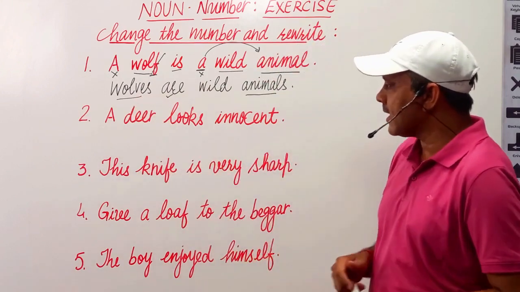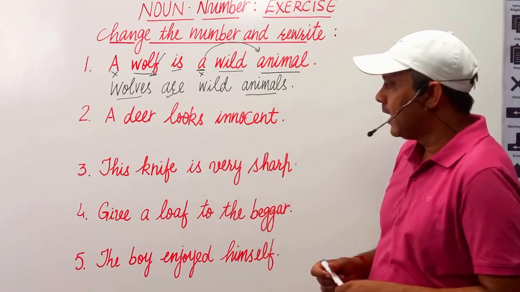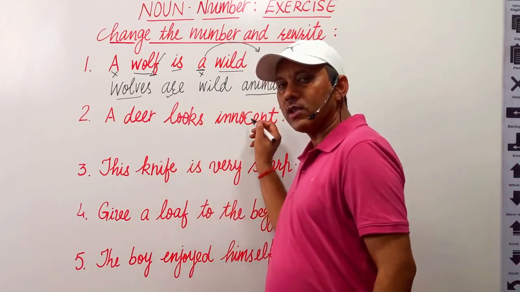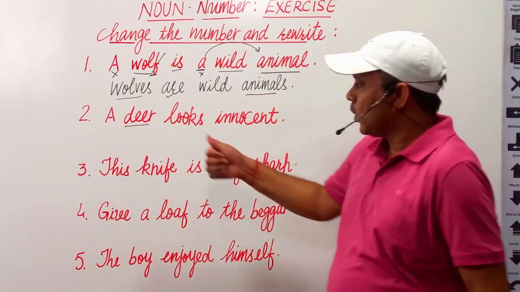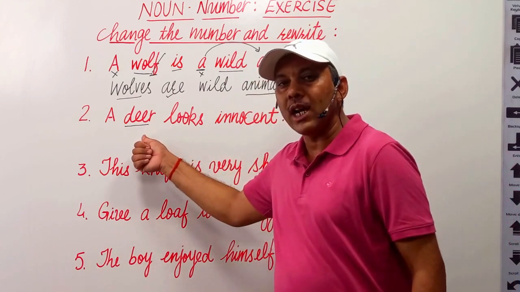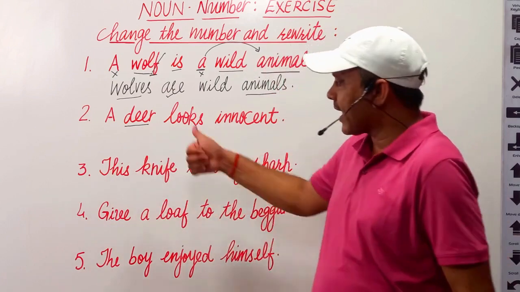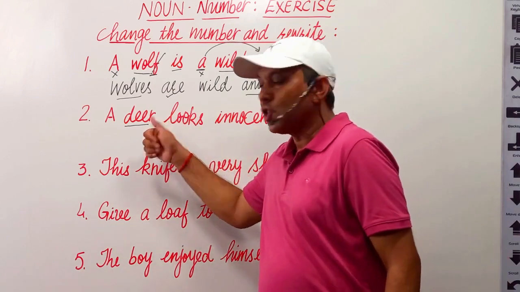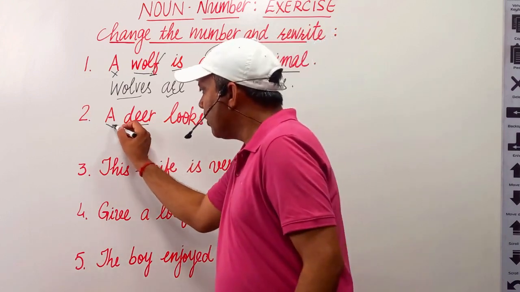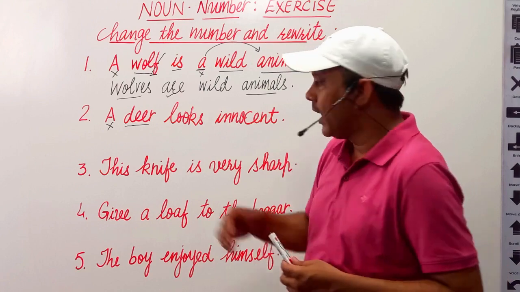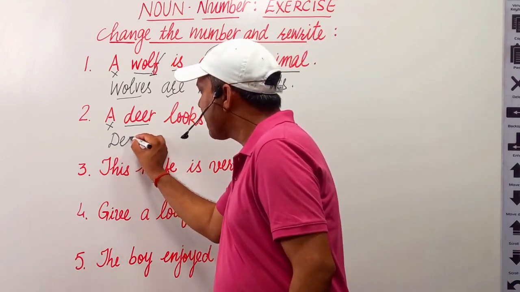The next sentence is: a deer looks innocent. As we have discussed already, both the singular and plural forms of deer remain the same. We cannot add s to it to make it plural. So we have to remove the article before a plural noun and it will become deer.